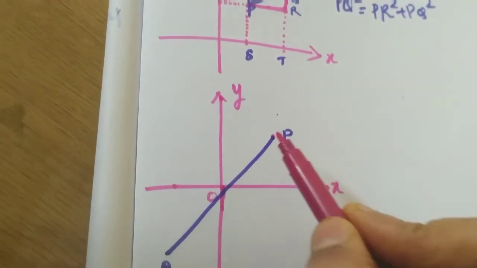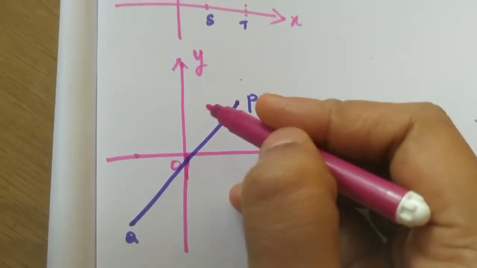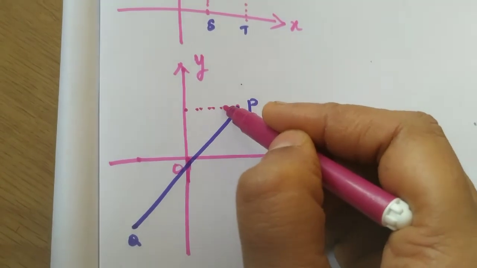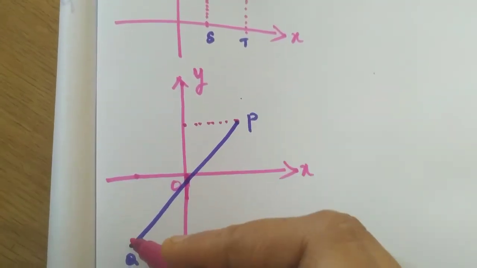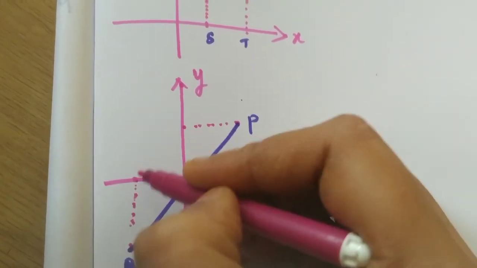As I told you, whenever you want to find the distance between points which are not connected to x and y axis, take a perpendicular line or parallel line with respect to x and y axis.